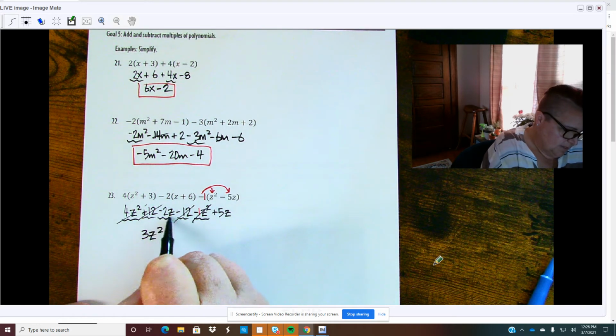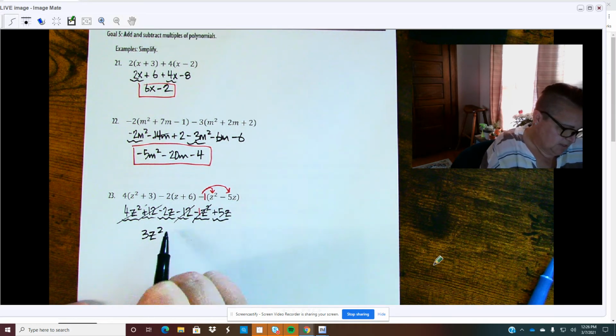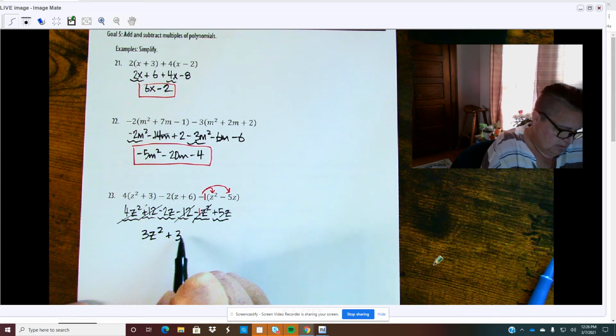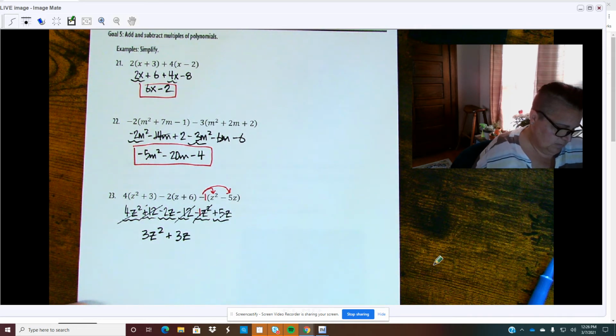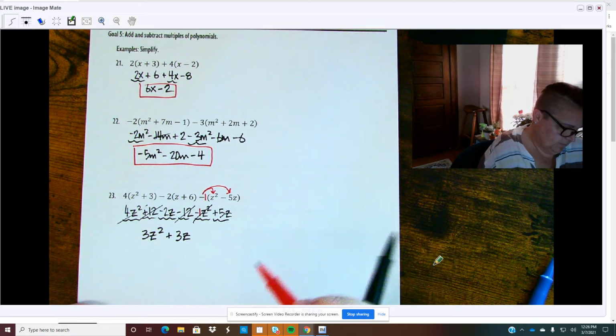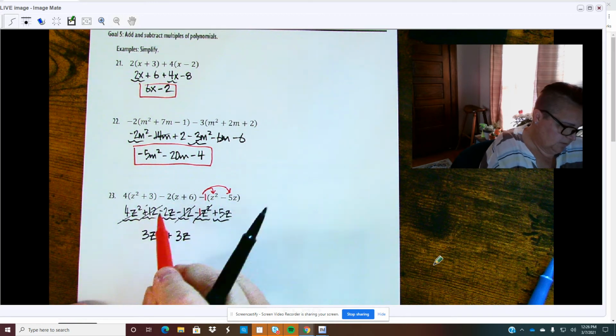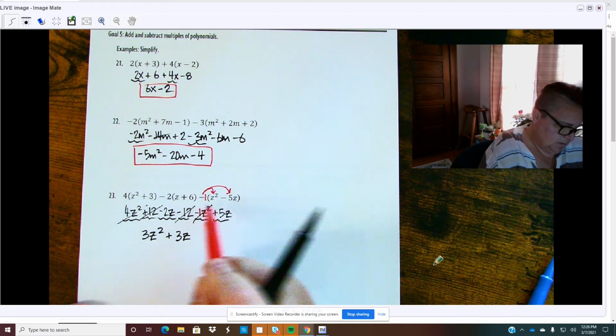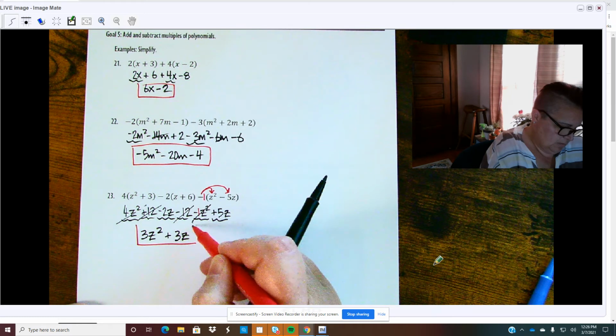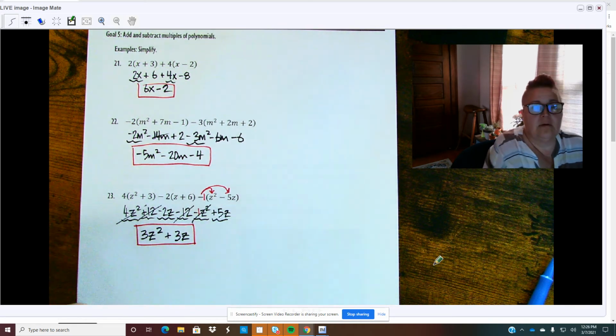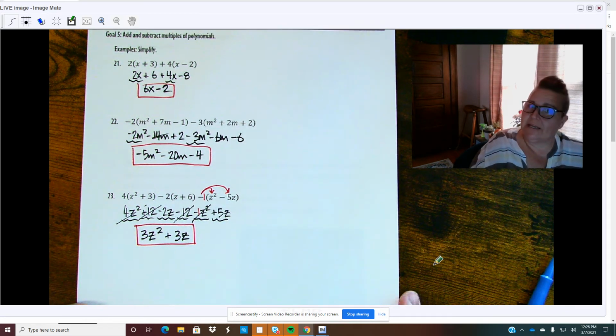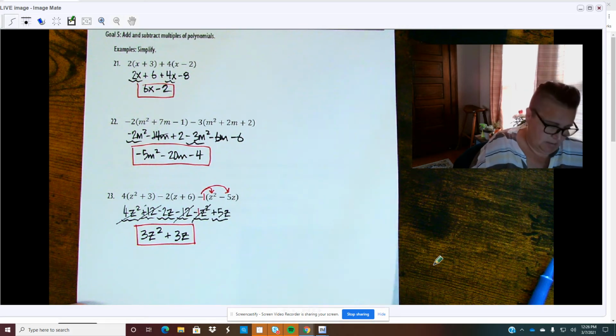And then I've got a minus 2z plus 5z. And that's a plus 3z. Minus 12 minus 2. Yep. Okay. There we go. Like terms. I cannot combine the z squared with the z. I am done. That is good.